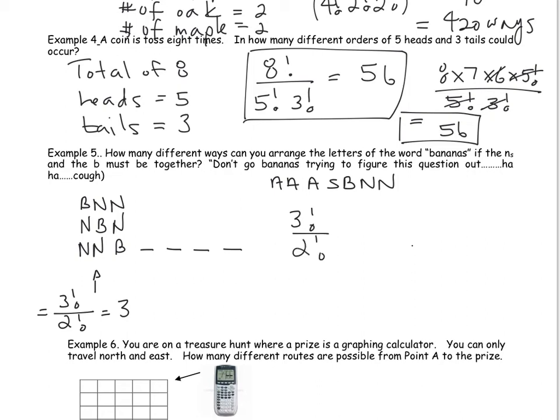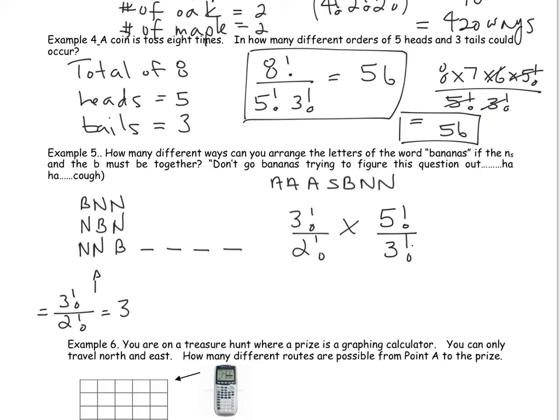Now those 3 different ways there, we can multiply that by 5 factorial over 3 factorial. Because of the 3 different ways that we can arrange these, we actually have 5 choices for that first spot.